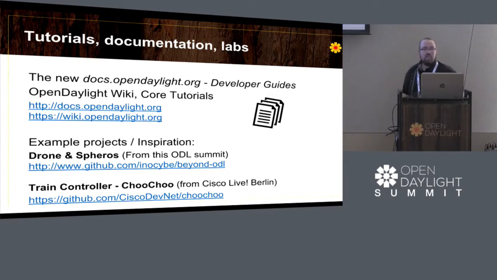Tomorrow we're going to have a small presentation involving some Spheros and drones that can connect to OpenDaylight. And there was another one that I found from a demo at Cisco Live in Berlin, called the Train Controller Choo-Choo project, which is actually an OpenDaylight connected train. So you can get creative, and the idea is really to get more people involved and move into the Internet of Things era with OpenDaylight.